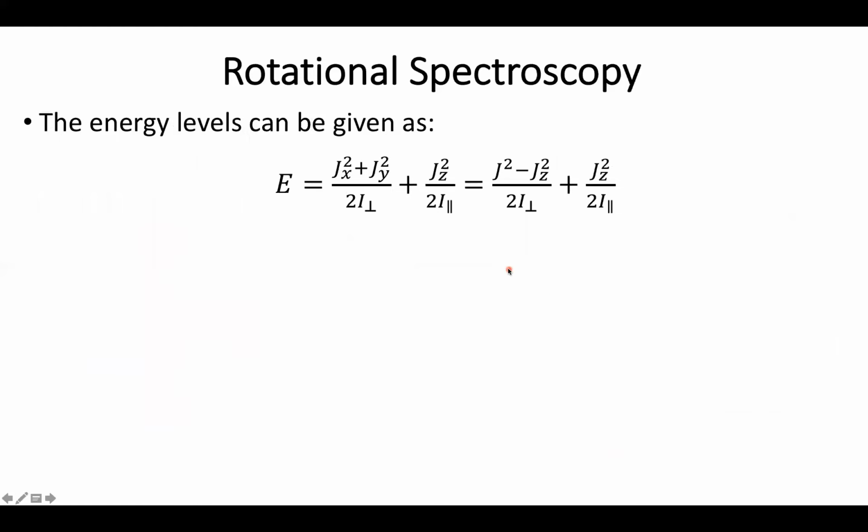Now, one of the big things to note is that not all three of my axes share a moment of inertia. So I can't collapse my moments of inertia down to one denominator. Instead, my x and y axes will share a moment of inertia, and my z-axis, my principal axis of rotation usually, has its own moment of inertia.